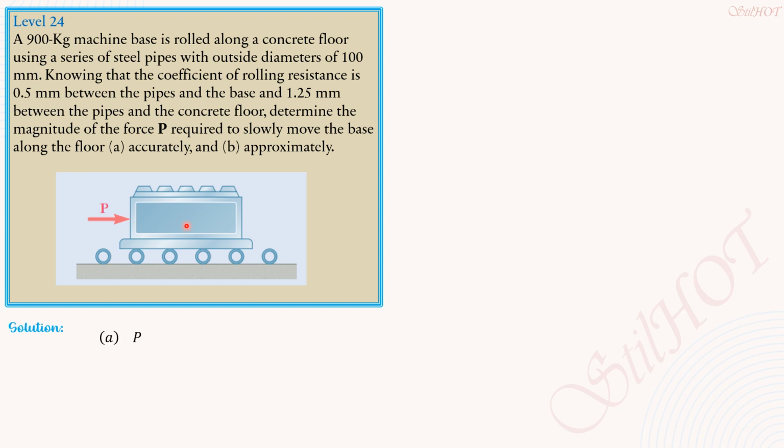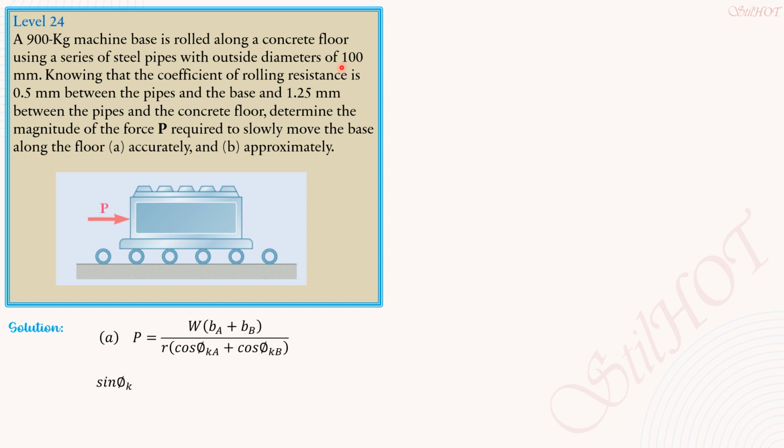So for the solution, let's have the formula first from level 23: W, quantity B sub A plus B sub B, over R, quantity cosine of phi sub Ka plus cosine of phi sub Kb, where sine of phi sub Ka is equal to the coefficient of rolling resistance on the upper part of the steel pipes over the radius of the pipe, which is 50 mm.